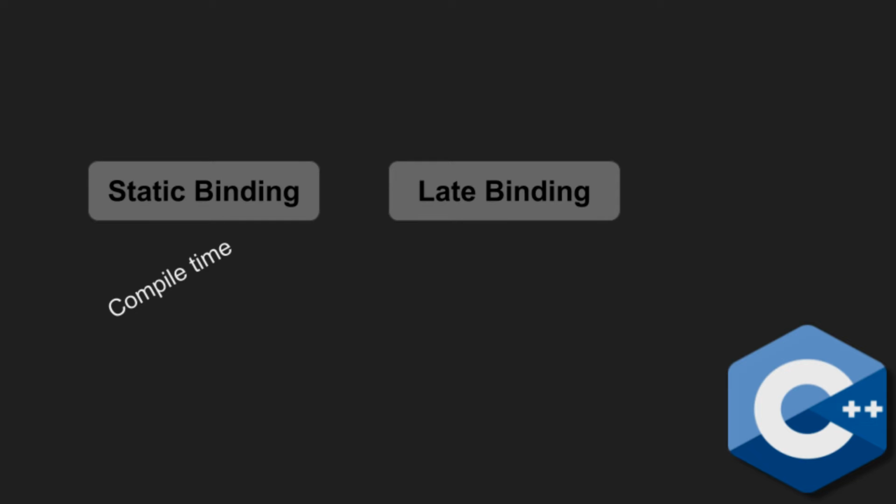But in the case of dynamic binding, the decision of which function will actually be called is taken at runtime, and that is the fundamental basis of dynamic binding. So it is very clear that static binding happens during compile time and dynamic binding happens during runtime.